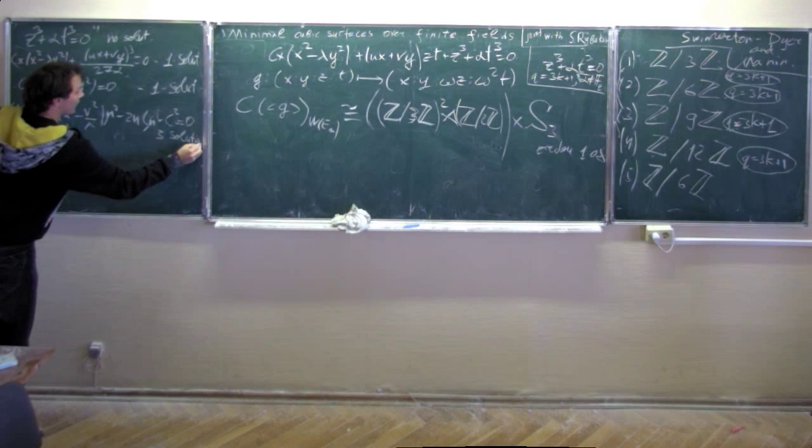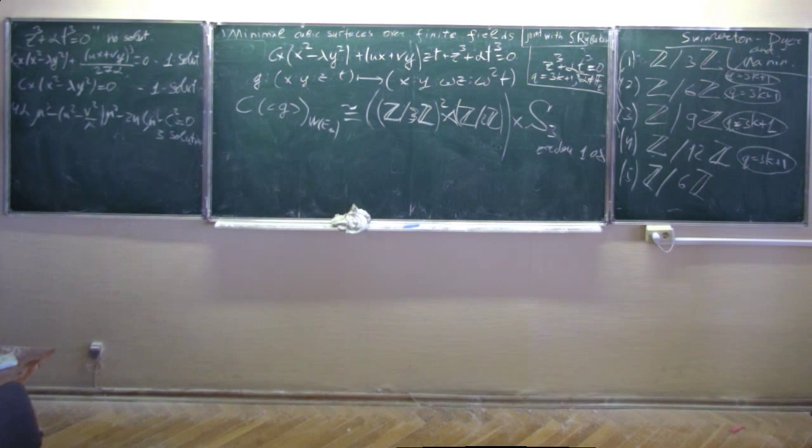Really, to prove it is quite a big calculation and I omitted it. But this equation corresponds to Eckart points on X. This equation corresponds to -1 curves passing through one of these Eckart points.